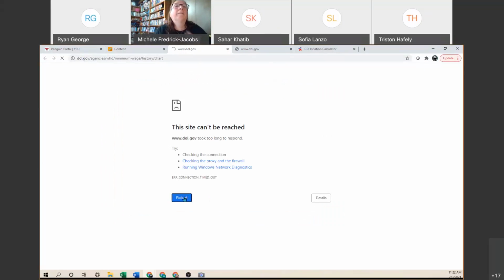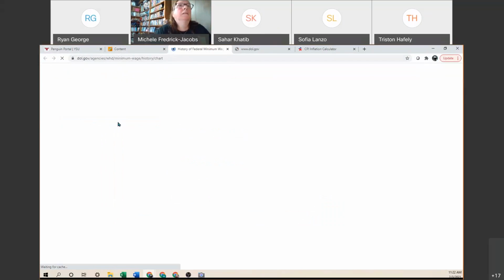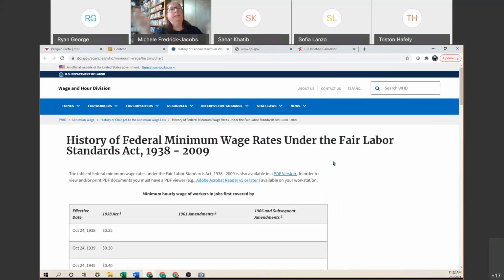I don't know why it's doing that. It worked earlier today when I used it. There it goes. Now I clicked it and it worked. So I don't know.